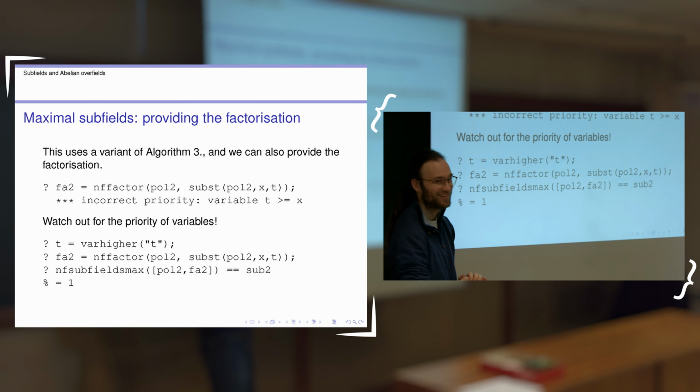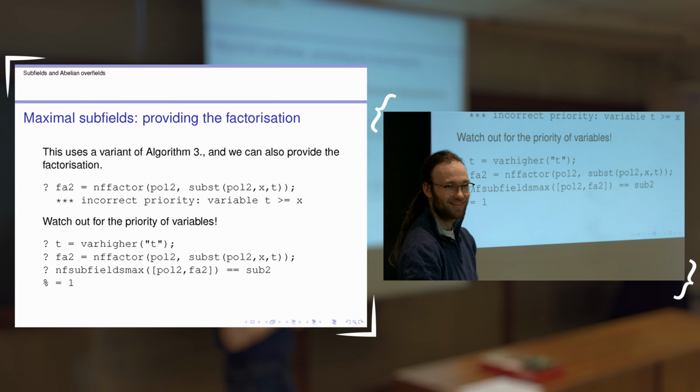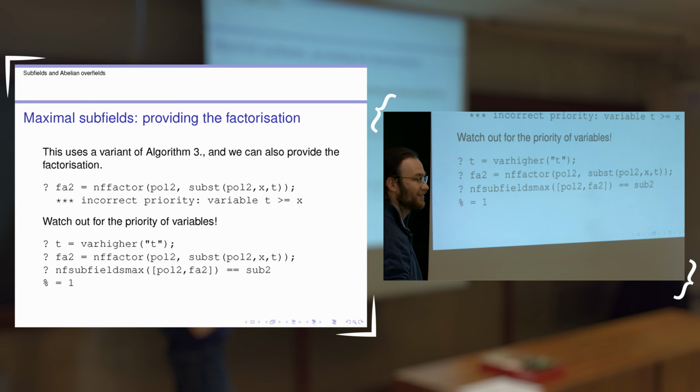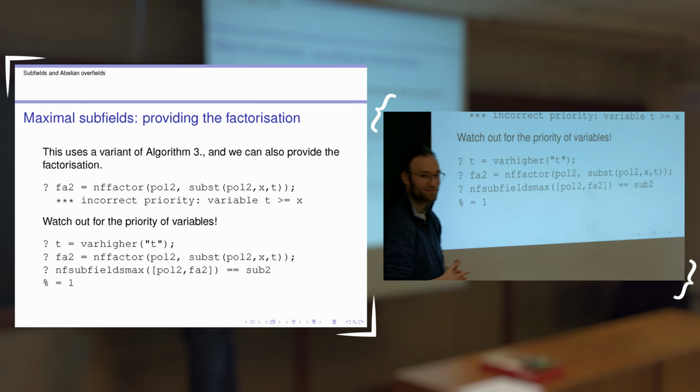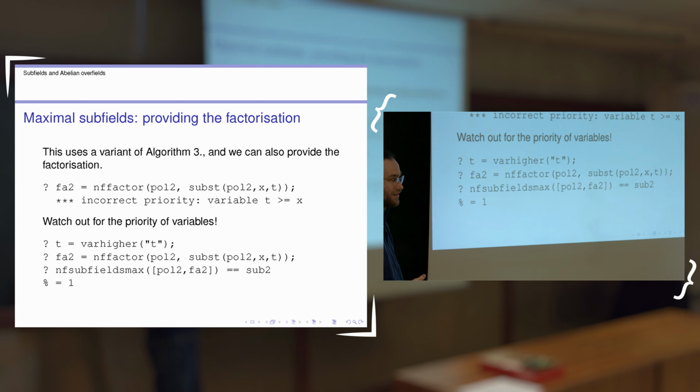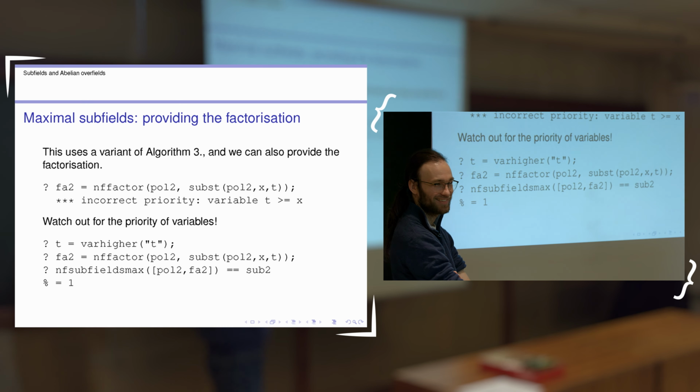If you put that in a loop, all these t will be different variables. If you do a loop and call var higher many times with the same argument, each time you're creating a new variable. They all happen to have the same name, which is a bad idea, but they're actually different.